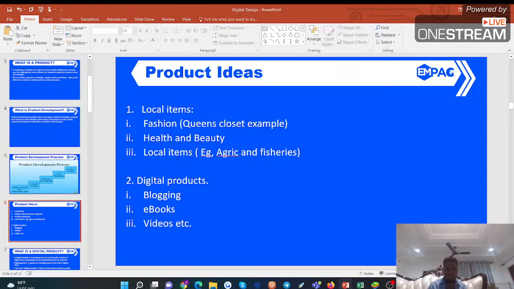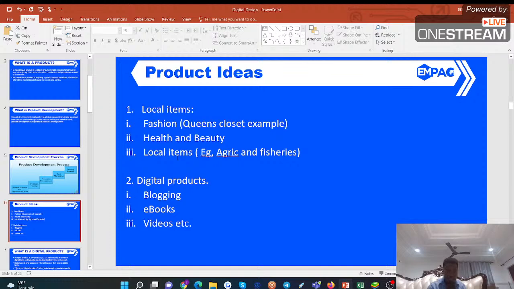Now, another product type that we can talk about is digital products. Digital products are products that we'll be looking at in this tutorial as well. In terms of digital products, these are products that are not physical. They are products you see online.